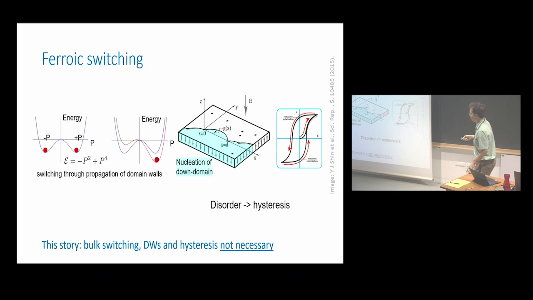A typical switching mechanism in a ferroic device looks like this. There is a double-well potential that mimics two possible domains with spin up and down. When you apply an external bias, a magnetic or electric field, you lower one of the minima. So you have to nucleate a small domain and then propagate the domain wall through the sample.